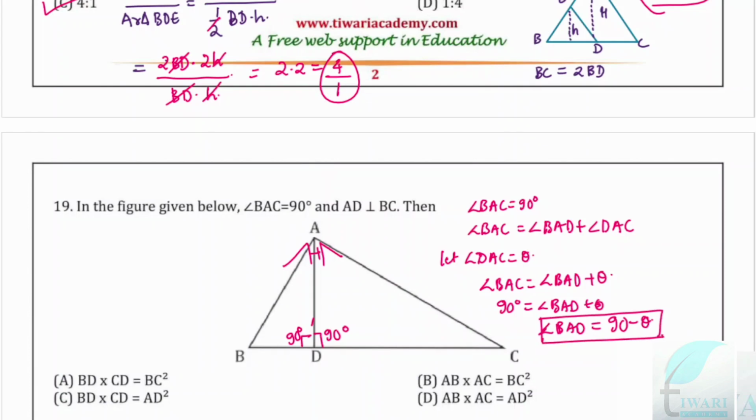If we consider that angle DAC is theta, we get angle BAD as 90 minus theta.